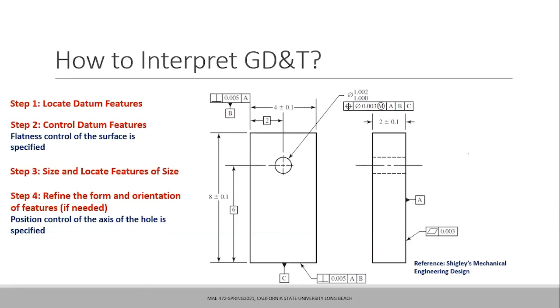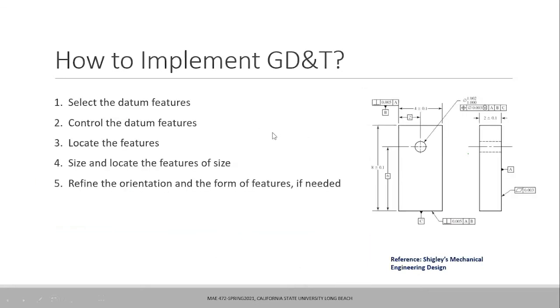Great. If you understand every single detail in the drawing, that means you know how to interpret GD&T by looking at any drawing from now onwards. Now, the same steps are to be followed when you introduce GD&T symbols in your drawing. You select the datum features and control them. Control basically means flatness, perpendicularity.